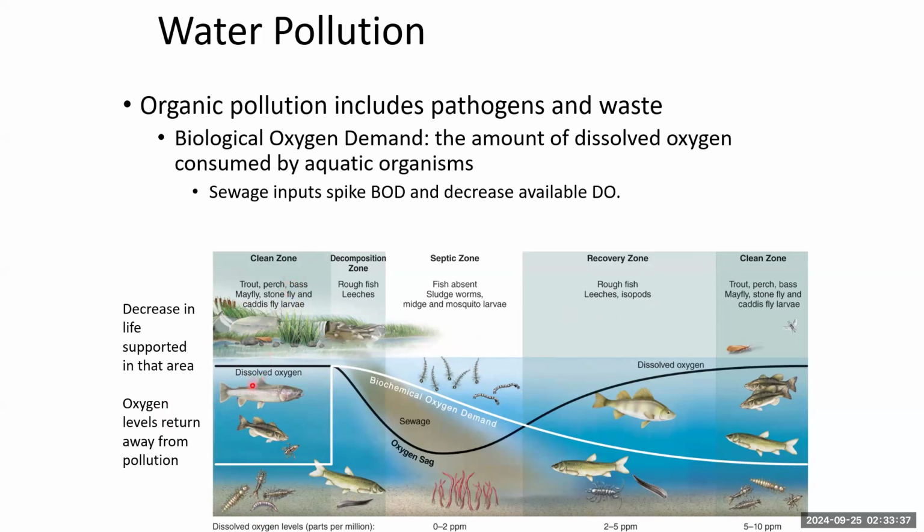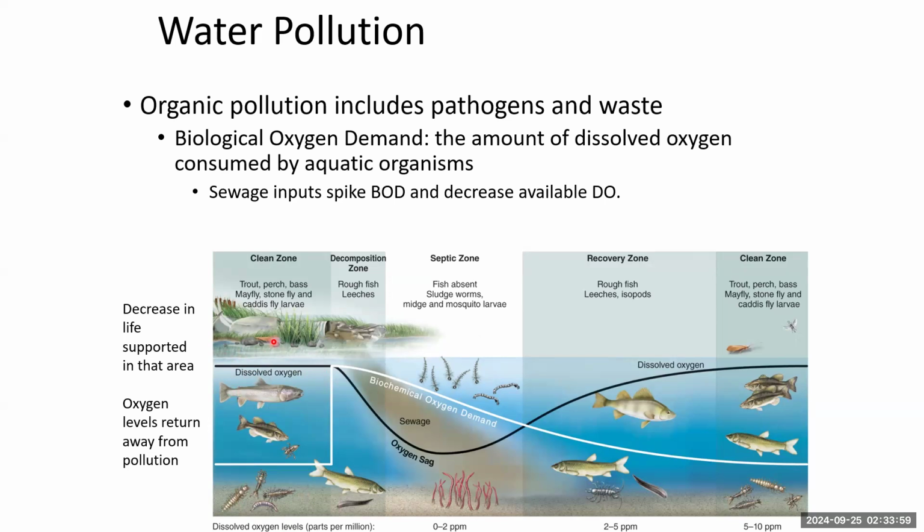There will typically be that diversity of organisms with a variety of oxygen demands. And when there is no organic pollution, the available dissolved oxygen is pretty high, suggesting that everyone in this environment has enough oxygen to do what they need to do.